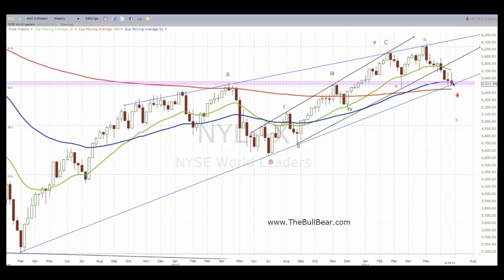So what we're seeing in all of these major indexes is the possibility that if we open weekly on Monday morning, we could gap down below these support levels. And if you gap support levels, then you have lots of stops set by traders and investors below those important support levels, which could be triggered and could initiate a cascade of selling from these levels.